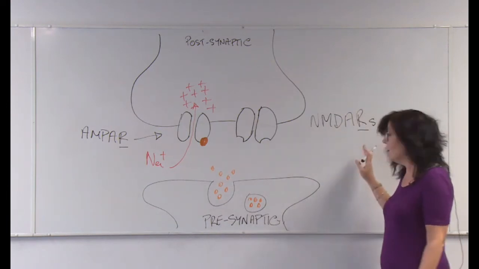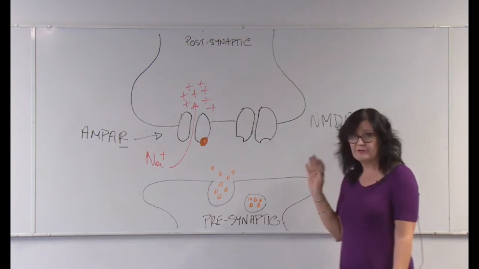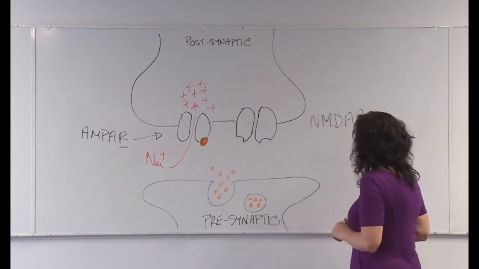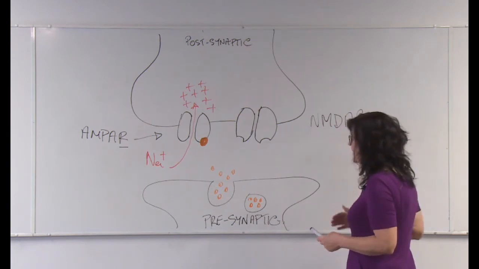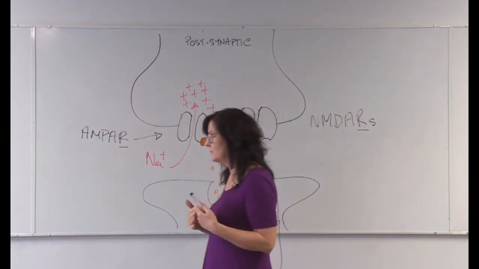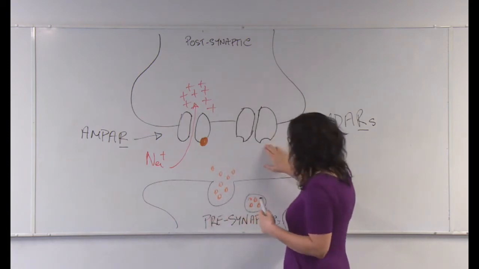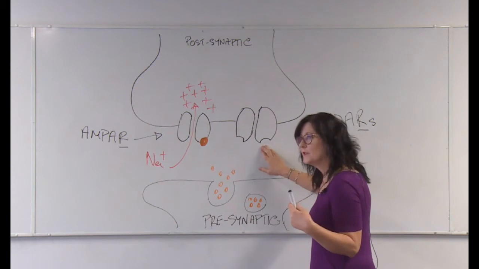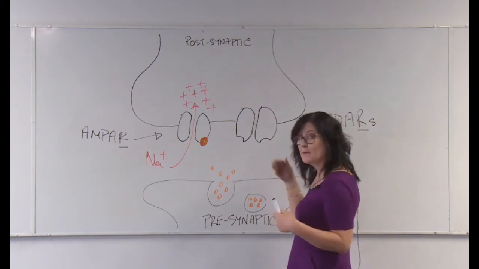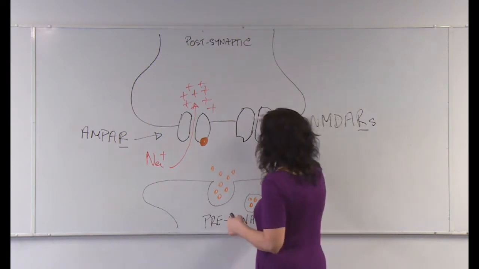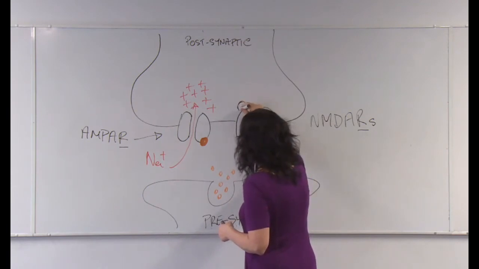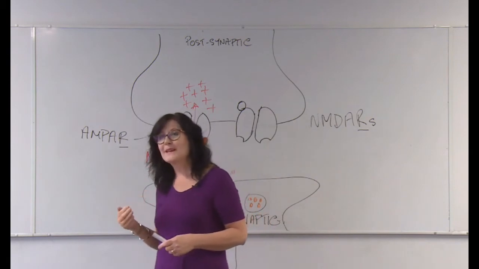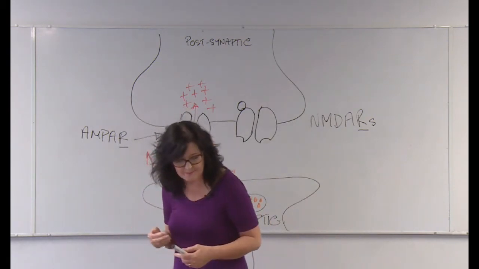Again, R for receptor, the rest of it you really don't want to know. NMDAR is fine. Now these channels take a bit more to open. Not only do they have binding sites for two different chemicals, so they're chemically gated, they also have a voltage sensor on the inside. So not only are they chemically gated, they're also voltage gated.